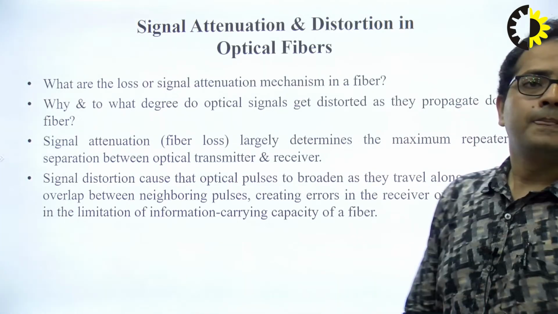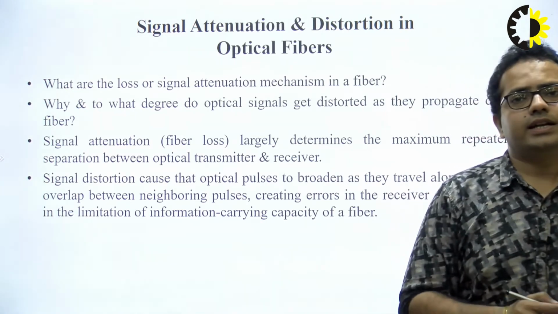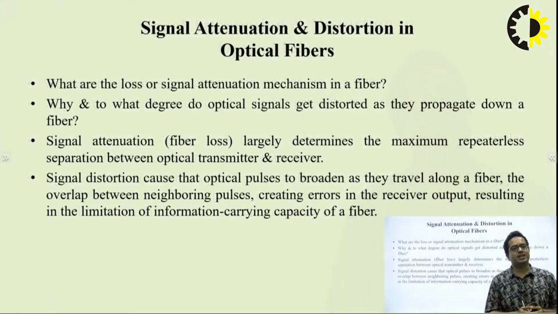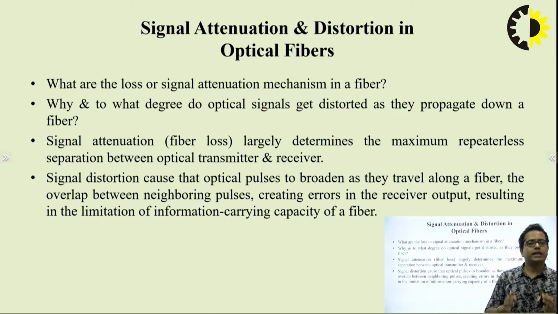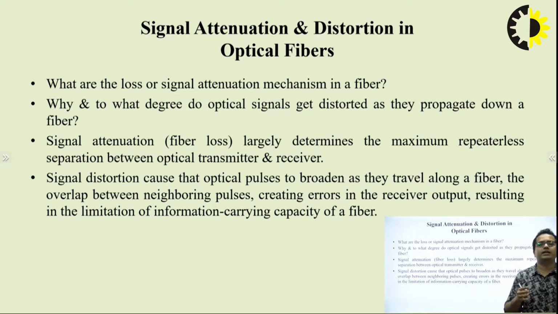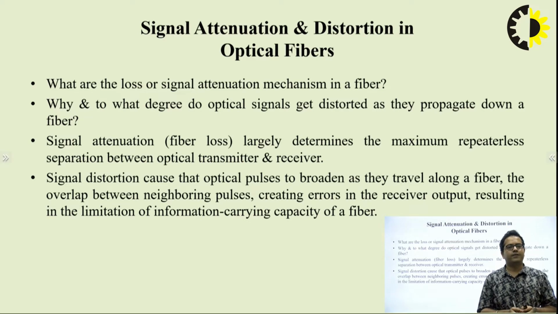Now the question that arises by looking at attenuation and distortion is: what are the loss or signal attenuation mechanisms in a fiber, and why and to what extent do optical signals get distorted as they propagate through optical fibers?